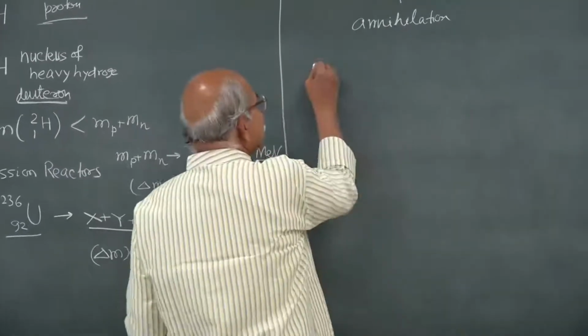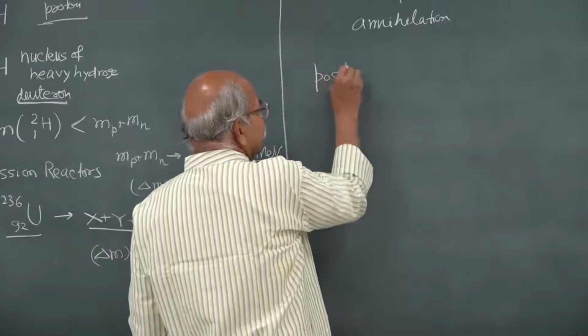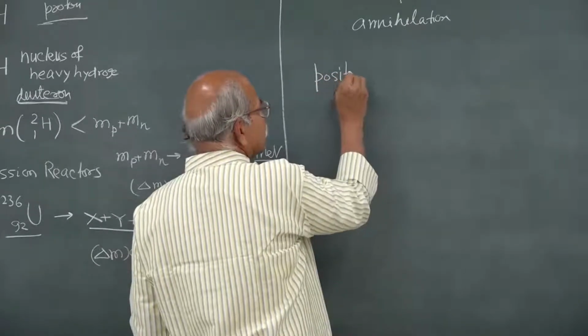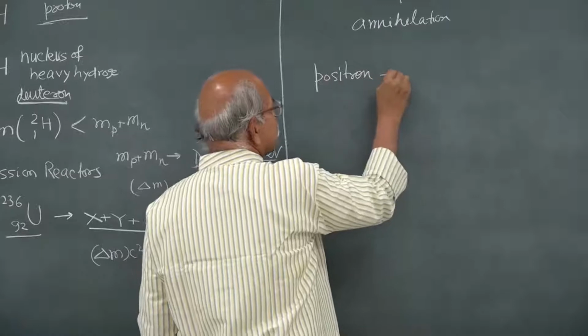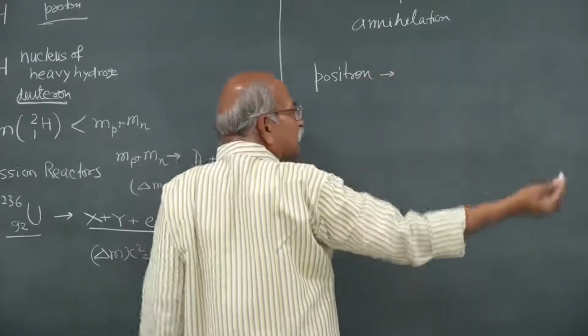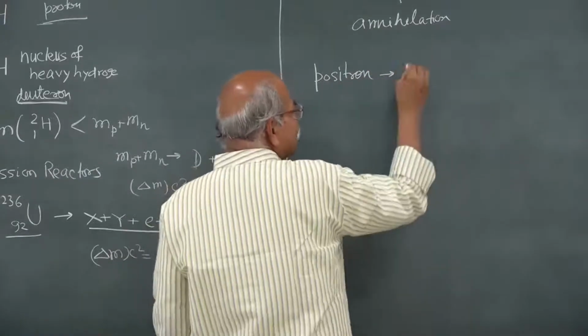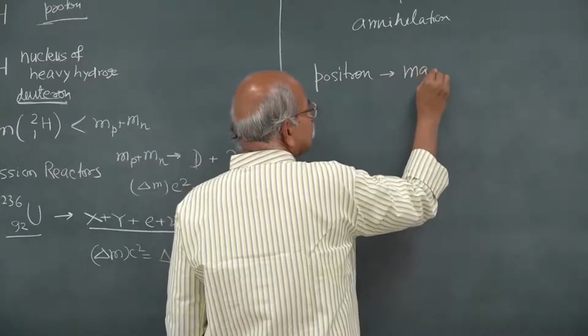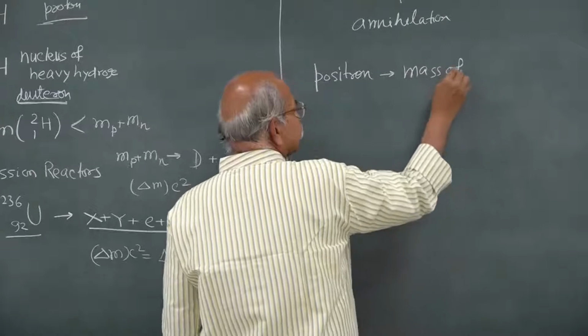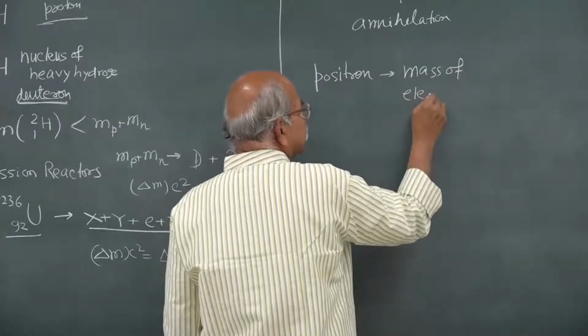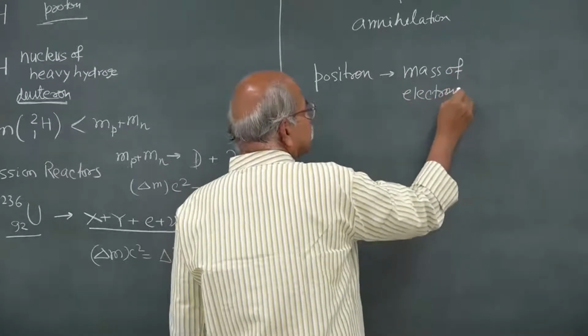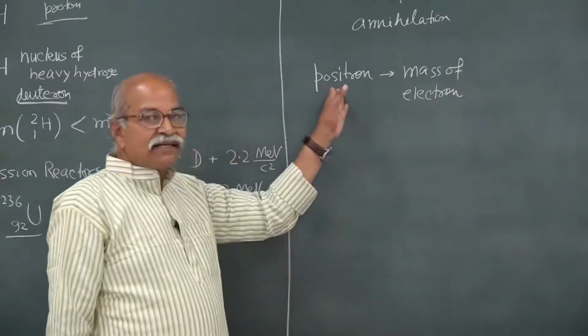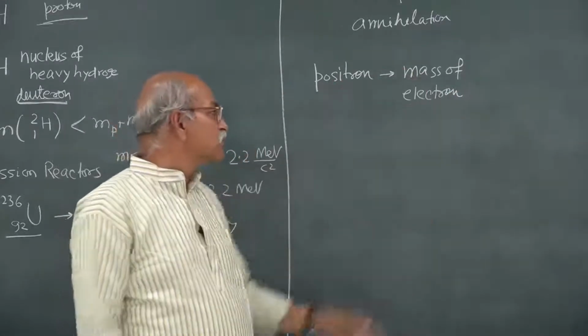The only thing that is important for us at this time is that it is an image of the electron, you can say. Mass of this positron is exactly the mass of electron.